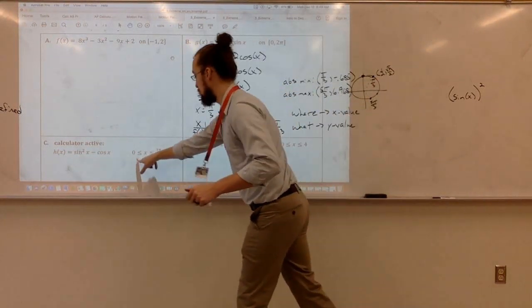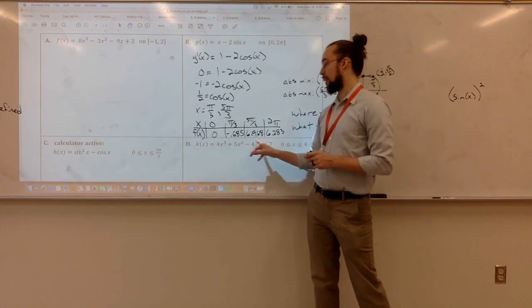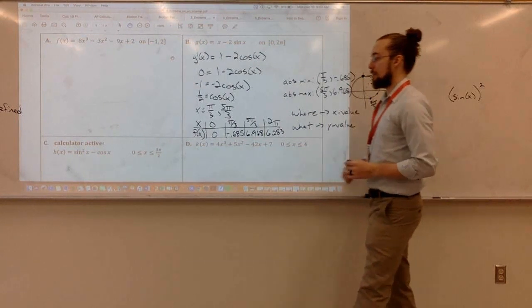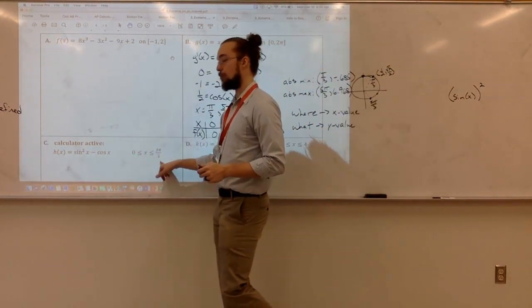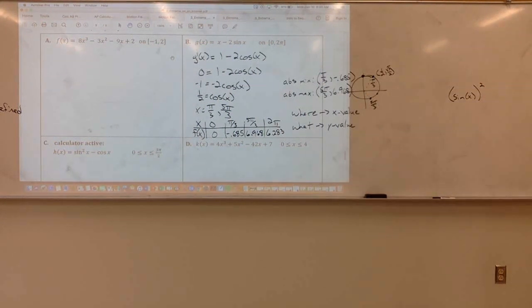Yeah, so the 0 and 3 pi over 2 would be my endpoints that I would need to check. These are my endpoints of the interval in question. But then I also need to check to see if there are any other critical numbers, right?